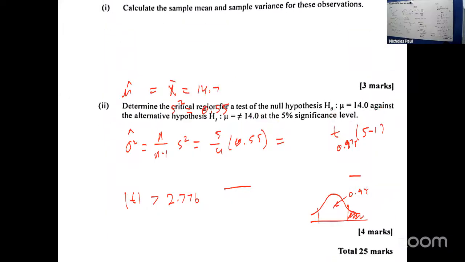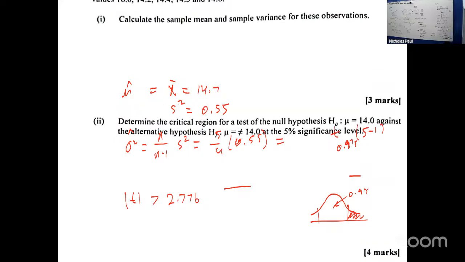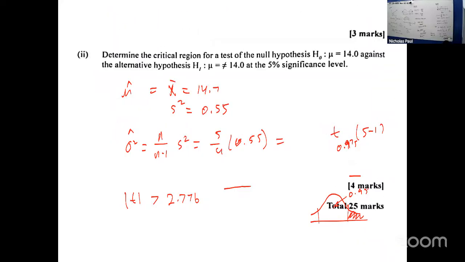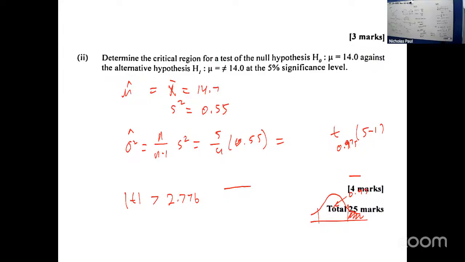Do me a favor now. You can complete the rest. They didn't ask for anything else, but could you find the test value and we check to see if we're going to reject or not? What's the formula for the test value again?